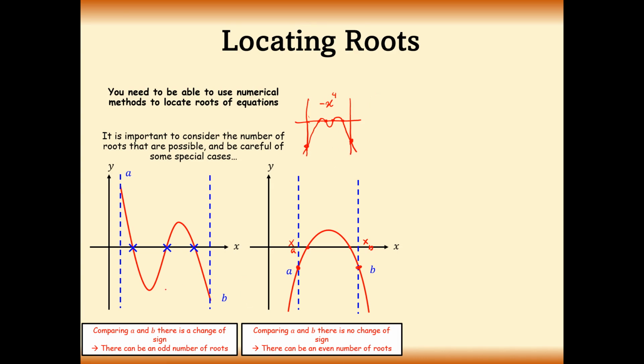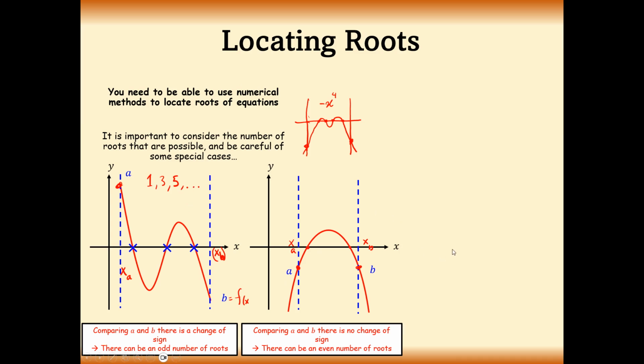So the generalization was that when you do have a change of sign, where we evaluated f(a) and f(b), there may be one root, there may be three roots, there may be five roots or more. The number of roots will be odd.